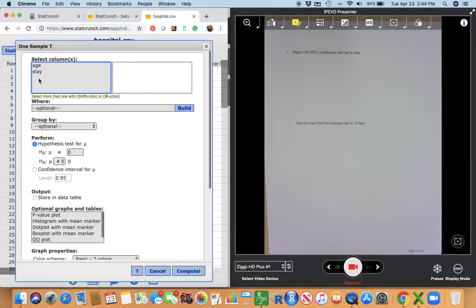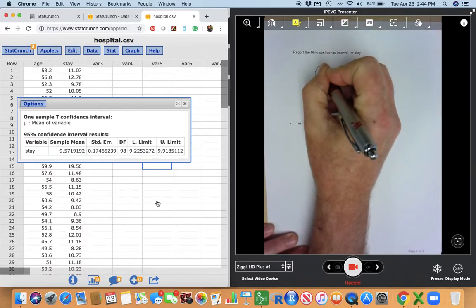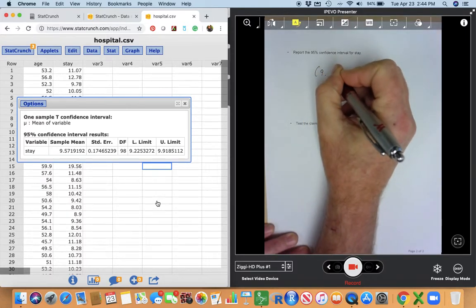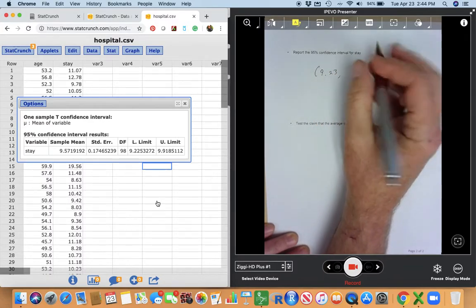So we want to do for stay, and I want to do a 95% confidence interval and hit compute. So I get my answer from lower limit and upper limit. So the 95% confidence interval is 9.23 up to 9.92.